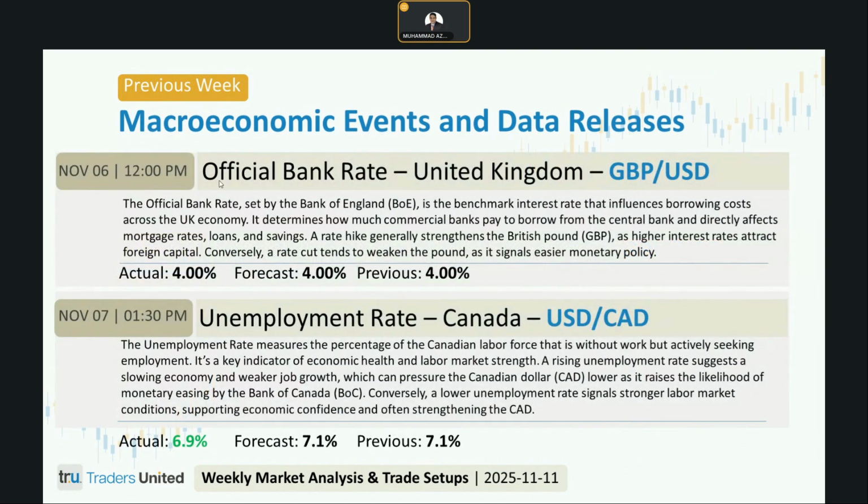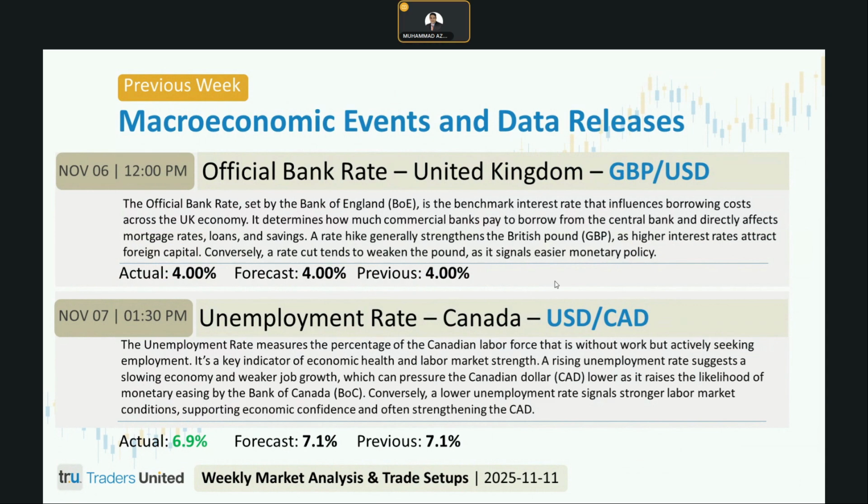Let's start with the first one, official bank rate, United Kingdom. What is the official bank rate? The official bank rate set by Bank of England is the benchmark interest rate that influences borrowing costs across the UK economy. It determines how much commercial banks pay to borrow from the central bank and directly affects mortgages, business loans, and savings rates.